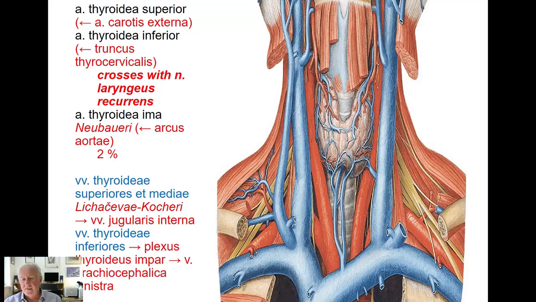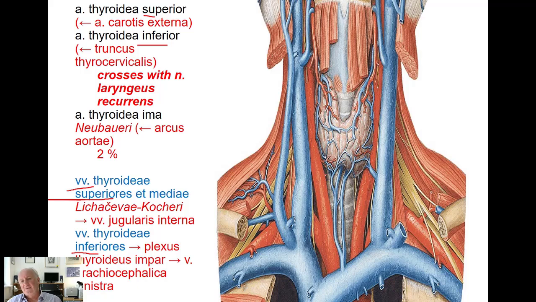And here you see the nutrition of the thyroid gland in a bigger picture. So the thyroidea superior, inferior, you see them nicely. And the system of veins, vena thyroidea superior, media and inferior, taking the blood out from the thyroid gland.